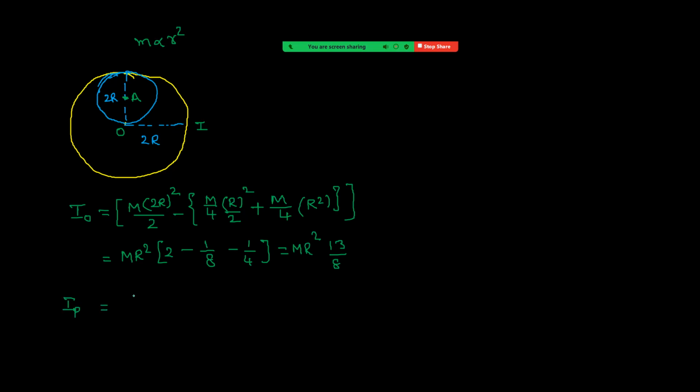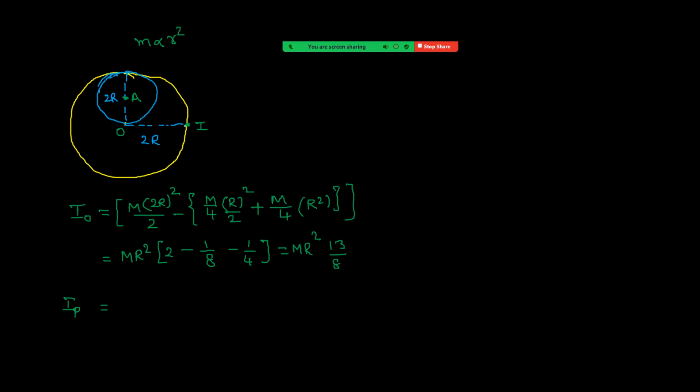Now in the same way, calculate about P. So we are saying that if you want to add or subtract, we have to make the calculation about the same axis. So before removing, we want to calculate about this axis, right?